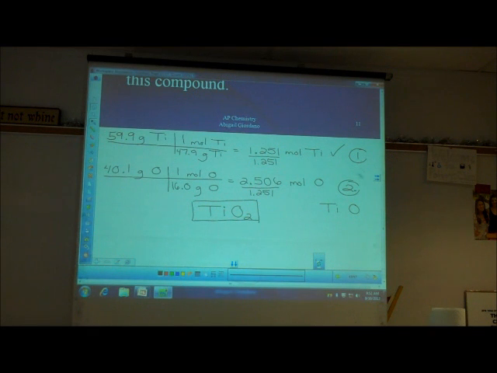Let me give you another scenario. What if you came up with 1 and 2.333? What are you going to do? You got to get it to a whole number. Alex. Multiply by 3. Sounds good? That would get you to a whole number. What if, here is your last possible scenario.